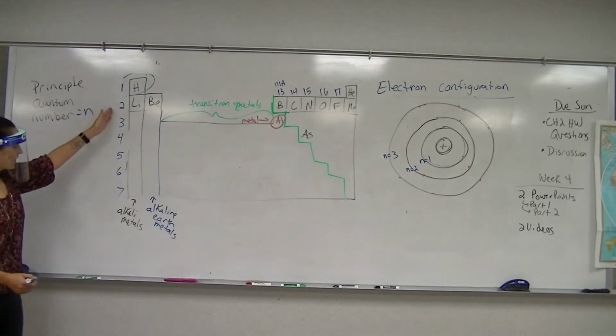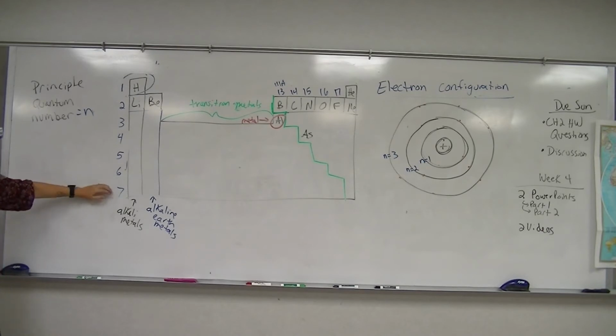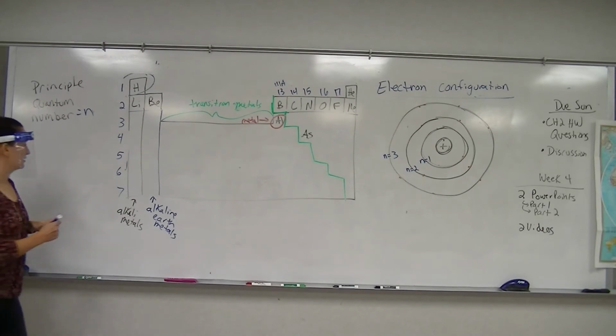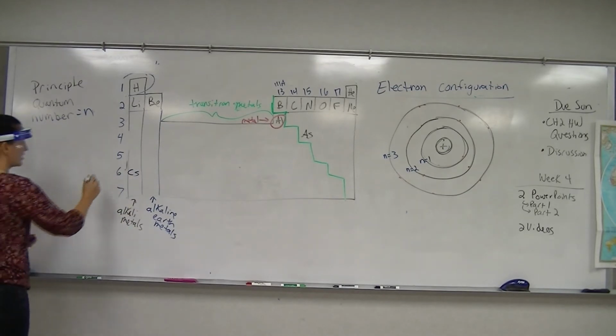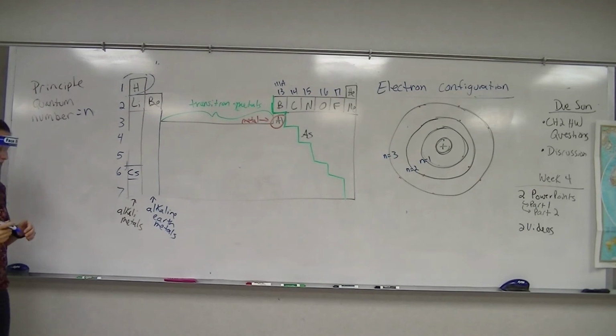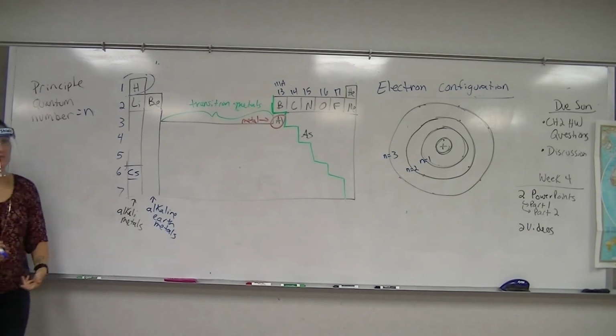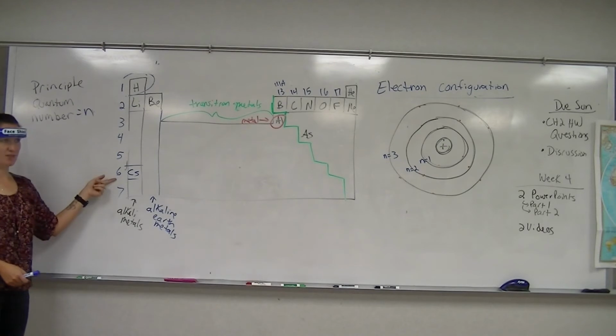So notice it goes all the way to 7 when we look at the main part of the periodic table. So down here, what is this guy, cesium? Yes. So in row 6 we have cesium. We're going to look at different periodic trends, but what I want you to know about cesium right now is cesium is the largest atom on the periodic table. Why? Look at its principal quantum number, it's 6.